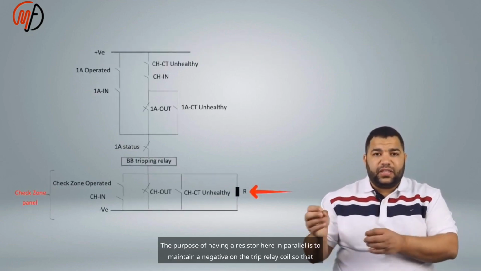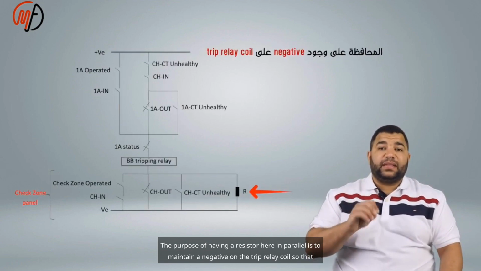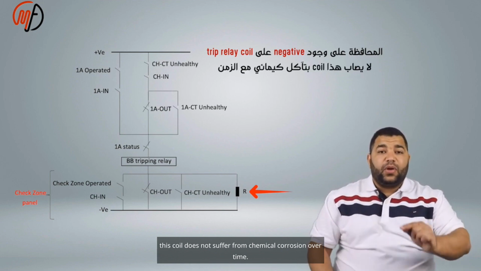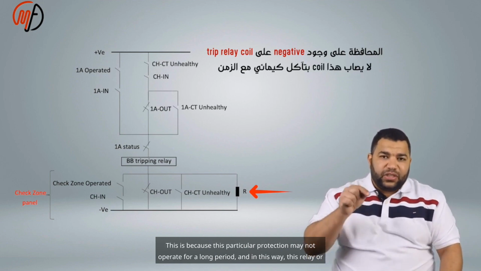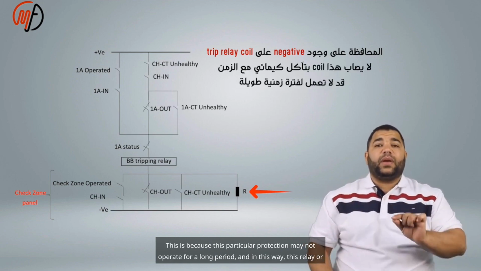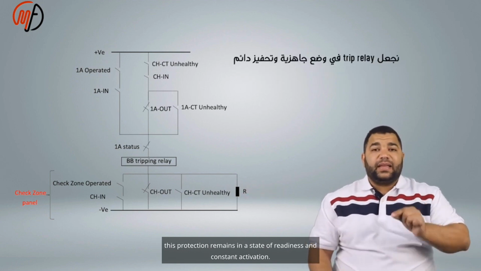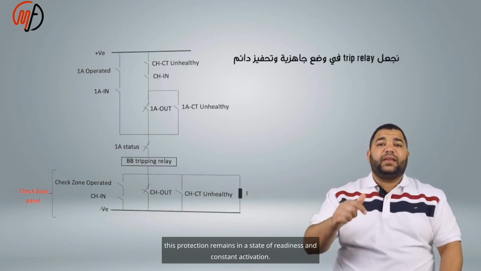The purpose of having a resistor here in parallel is to maintain a negative on the trip relay coil so that this coil does not suffer from chemical corrosion over time. This is because this particular protection may not operate for a long period, and in this way, this relay or this protection remains in a state of readiness and constant activation.